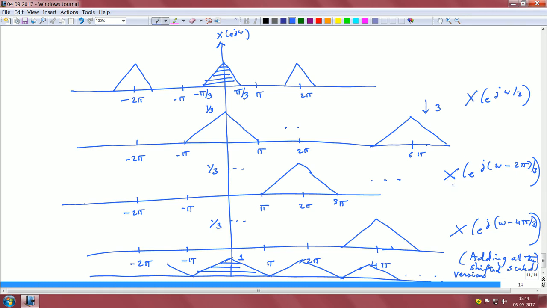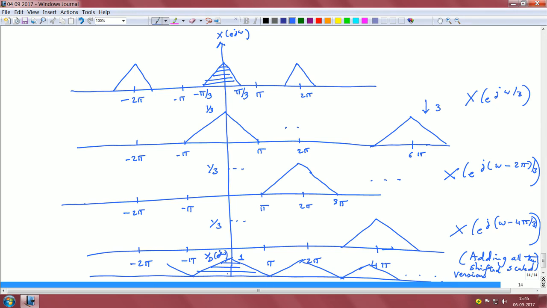So you look at the spectrum of X(e^{j(omega minus 2 pi)/3}), and then you look at X(e^{j(omega minus 4 pi)/3}). And you add all the copies together, and once you add all the copies, this is what you have at the output of the downsampler. This is your Y_d(e^{j omega}).